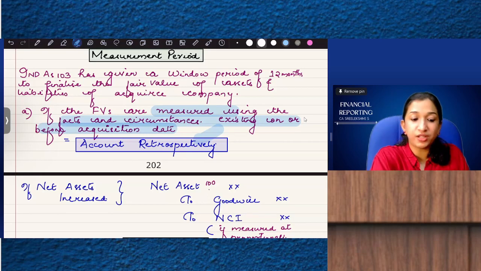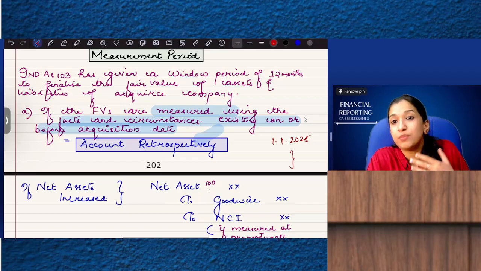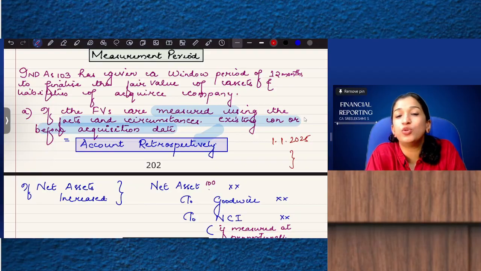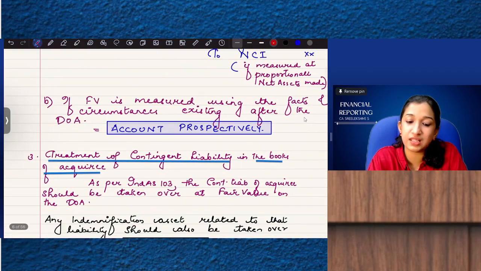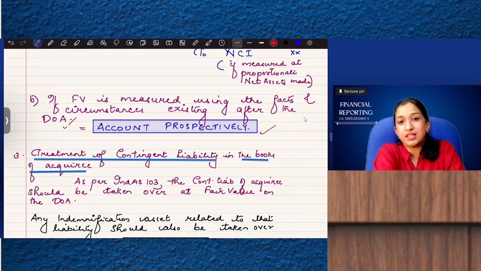Or if the date of acquisition is 1st January 2025, after 1st January there were some new developments, and based on the new developments you determine the fair value, then if fair value is measured using facts and circumstances existing after the date of acquisition, account prospectively. Because for facts and circumstances after the date of acquisition, you need to account prospectively.